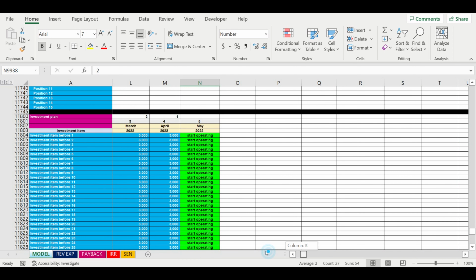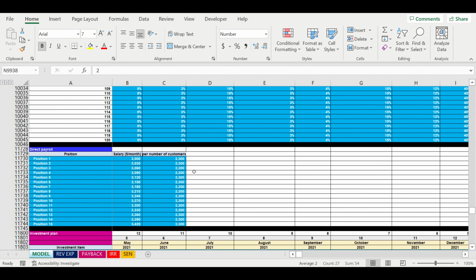Then we move to payroll. So we have two types of payroll. The first payroll is directly connected with the amount of customers that we have. So here we type the name of position, then we specify the monthly salary, and then we specify the amount of customers per one person on this position.